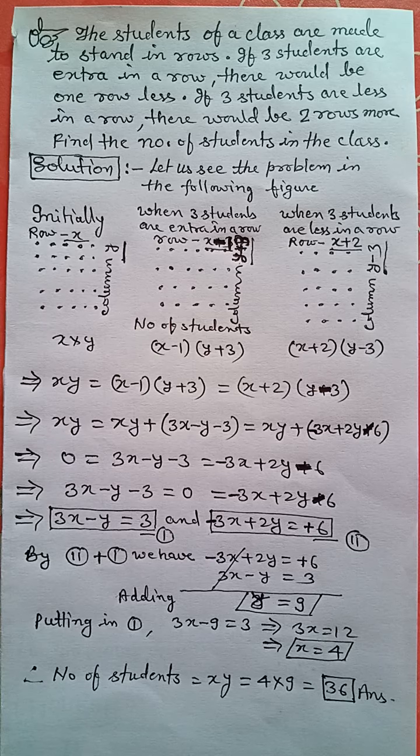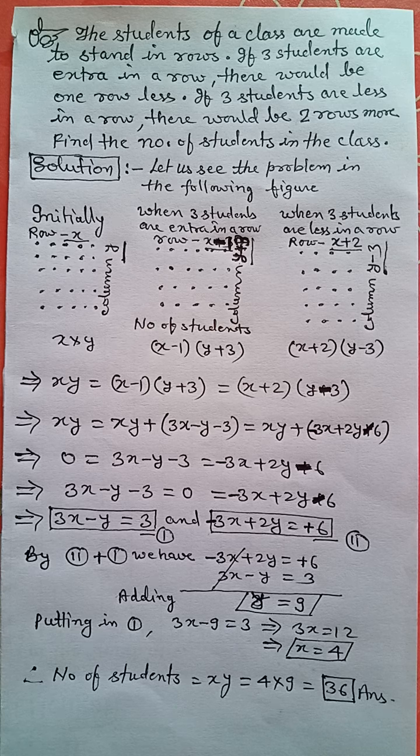Students, let us do a sum on the system of linear equations. This is a problem of NCERT textbook. The problem runs as: the students of a class are made to stand in rows.